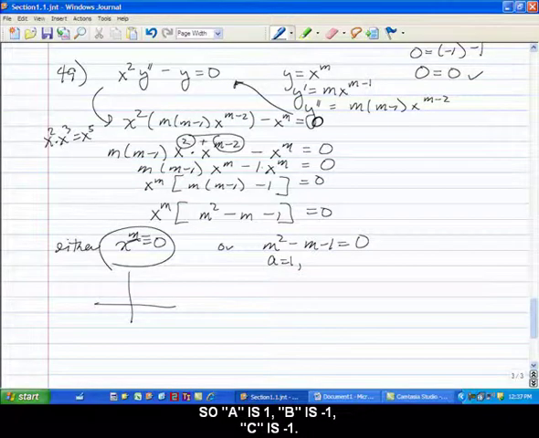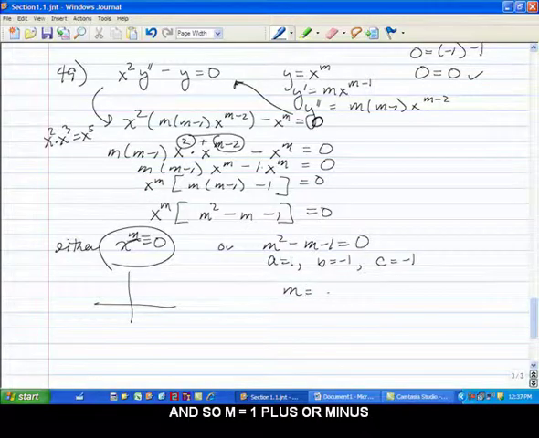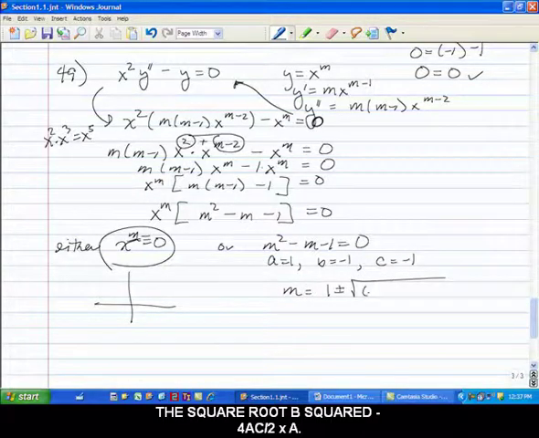So a is 1, b is minus 1, c is minus 1, and so m is equal to 1 plus or minus the square root of b squared minus 4ac over 2 times a.